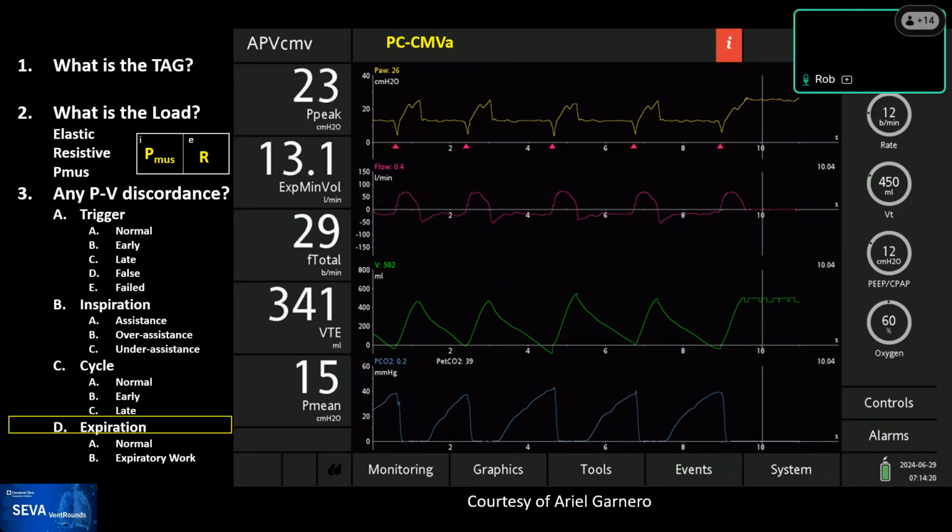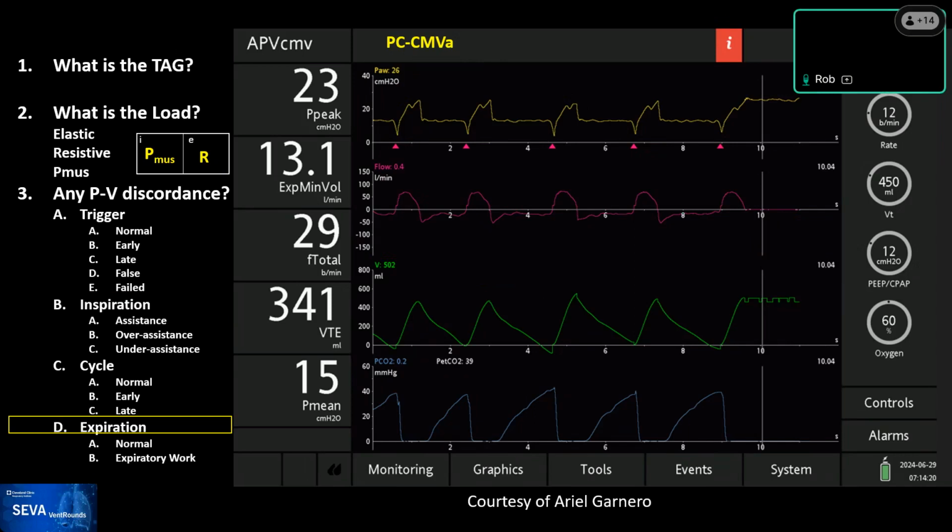Let's go on to expiration. Do we see any sign of expiratory work? I mean, remember, expiratory work means a negative PMUS, which means that it's forcing the expiratory flow to be more negative, be higher in the negative expiratory direction.